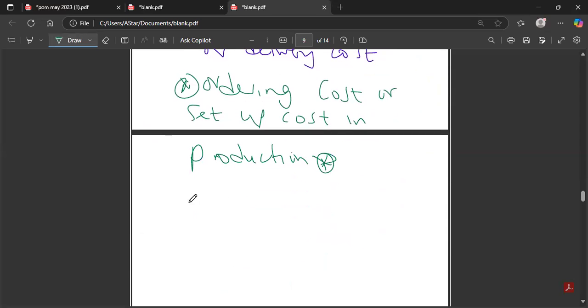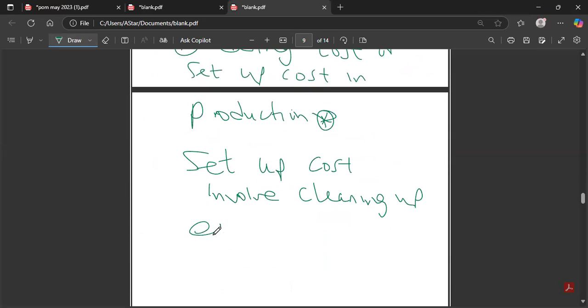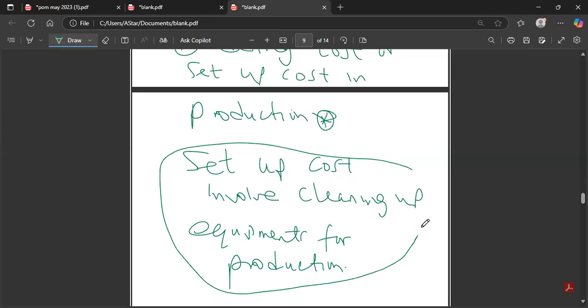If it's setup cost, it involves cleaning up the equipment for production. So if you're producing something, clean up the pots, be in good shape, bottles, the environment, and everything else because you're supposed to produce. So it's setup cost. You're setting up for something to happen. Is that okay?